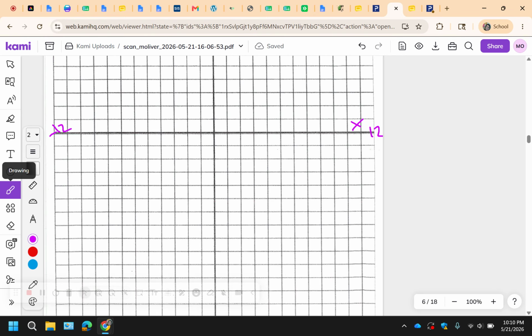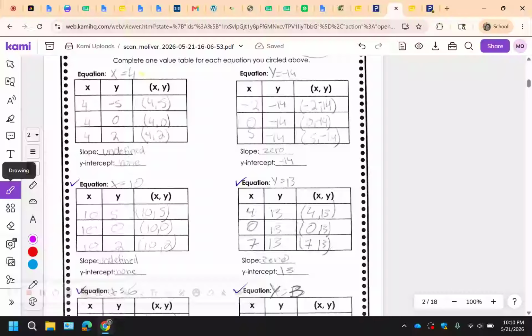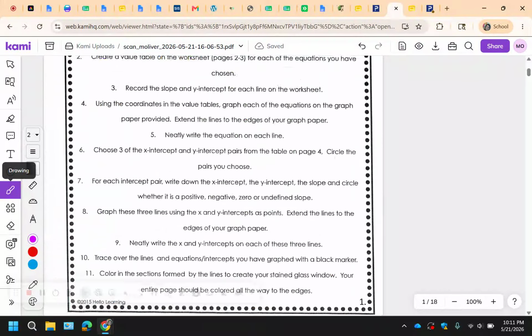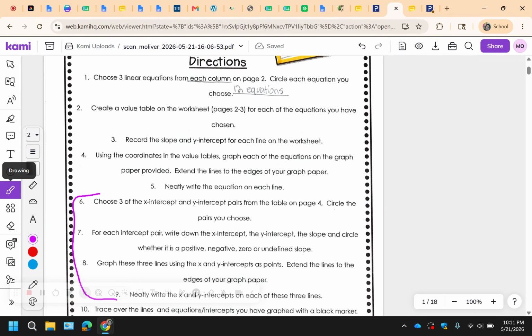Now, if you read on the first page, it gives you every set of directions that you need to follow. Okay, these are from page 4 that I just did. Okay, you worked yesterday on doing steps 1 through 3.